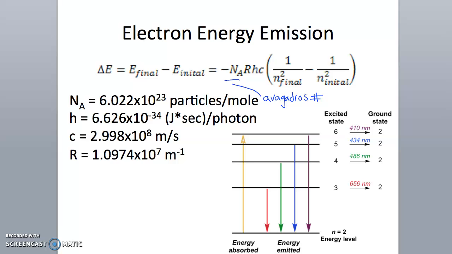We've got our same constants with the Rydberg, Planck's constant, and speed of light, and we just have the difference of the final energy level to the initial energy level squared. Really just, equations provided, you just have to punch in the numbers. May or may not need Avogadro's number. So the key thing here is to look for, are they asking for energy per mole, in which case we will have to break that out, but oftentimes that's not necessary.